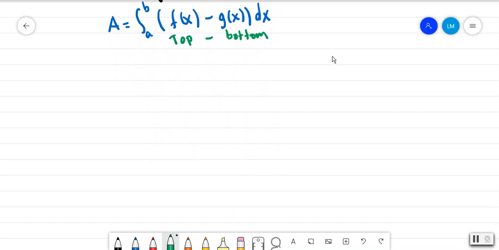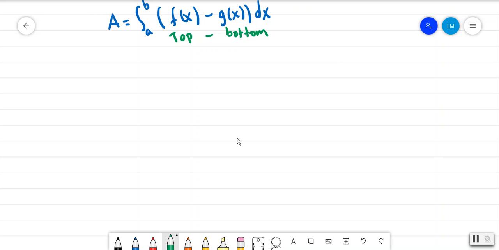So, for example, if you had y equals x squared and y equals x plus 2, the thing that we need to verify is that we can find their points of intersection.